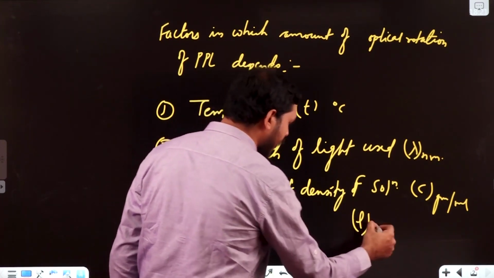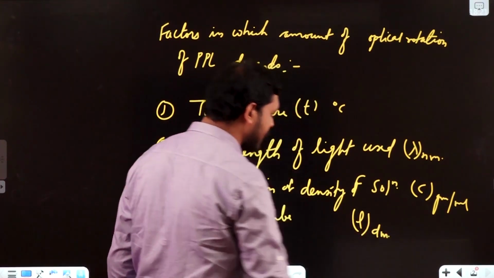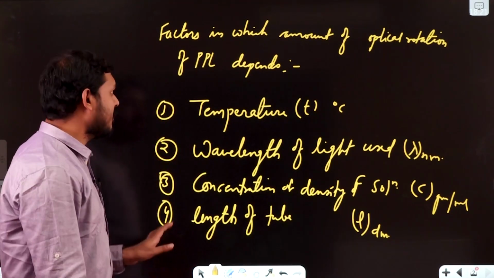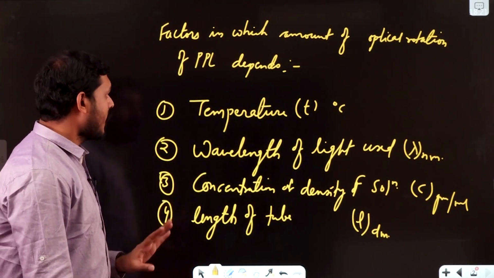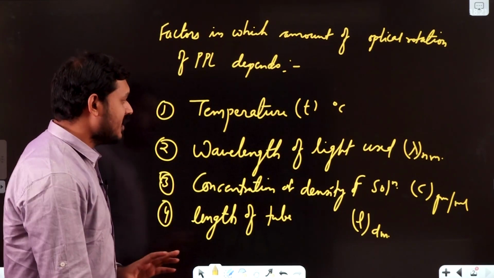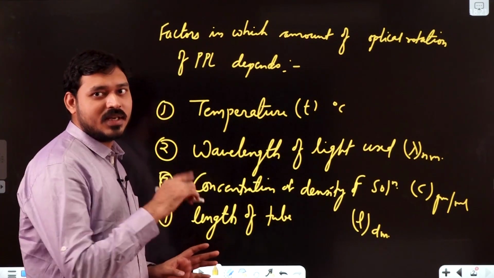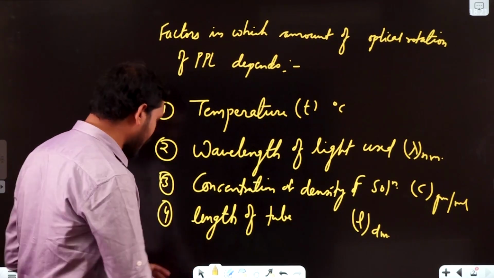L in decimeter, right? So these are the four factors on which optical rotation is dependent. So now let's learn what is a specific rotation.